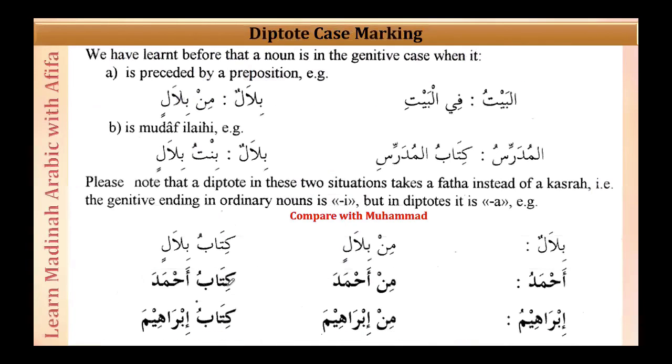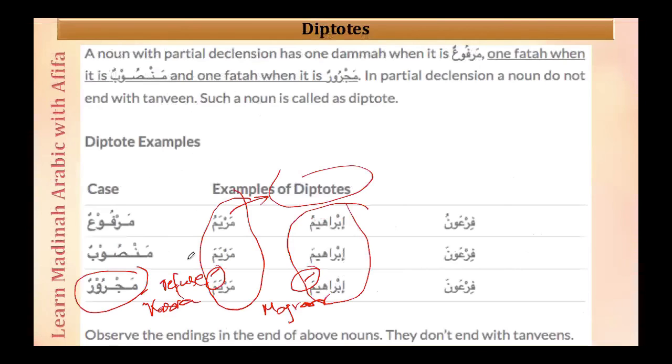So more examples here. Compare with either Muhammadun, or you can compare with Bilalun. You say min Bilalin, but here you will say min Ahmada, min Ibrahima. Notice no kasra, right? So again, if it's a mudaf ilayhi, possession, kitabu Bilalin, it should have been kasra here, right?